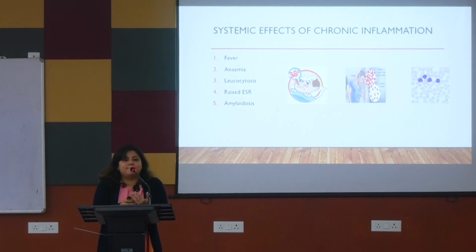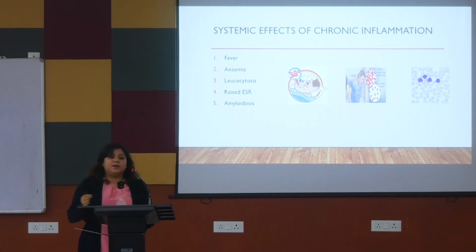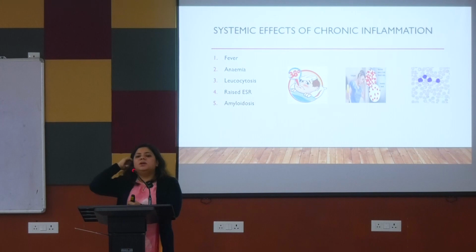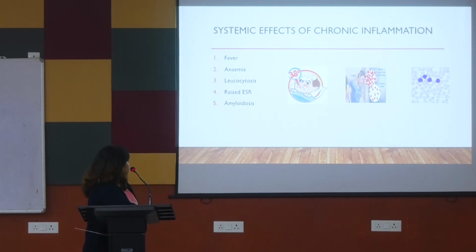Usually lymphocytes. And there will be raised ESR and amyloidosis. Long standing chronic inflammation gives rise to secondary amyloidosis, right? These are the lymphocytes.